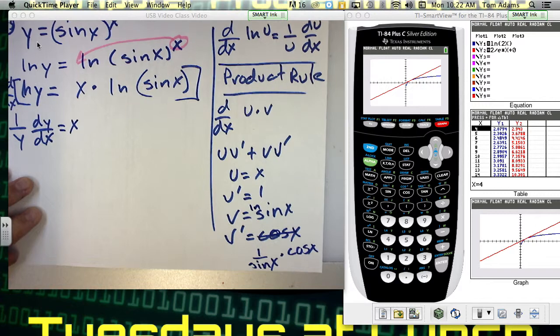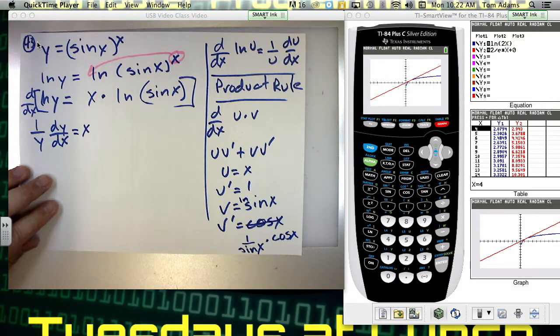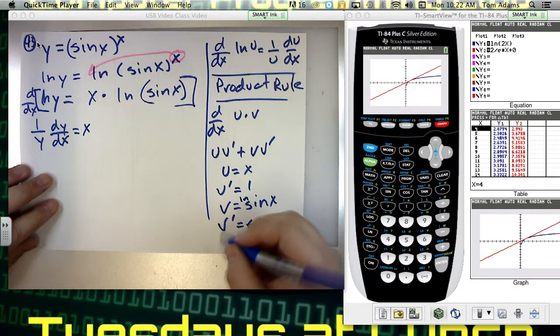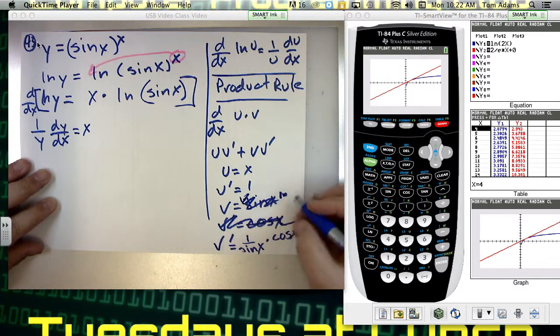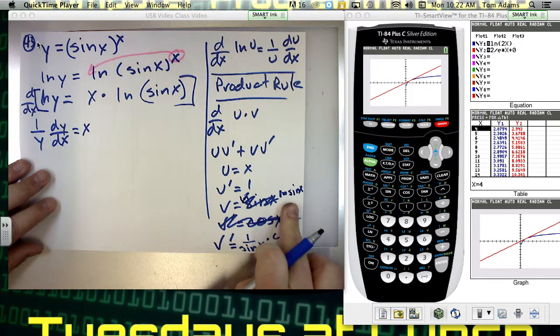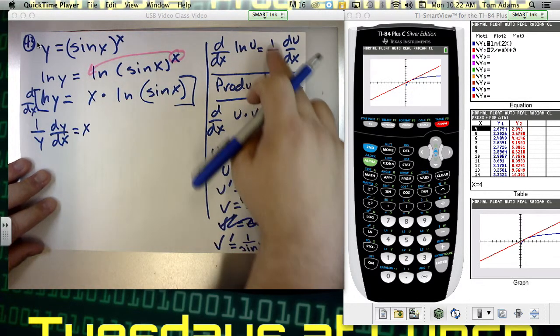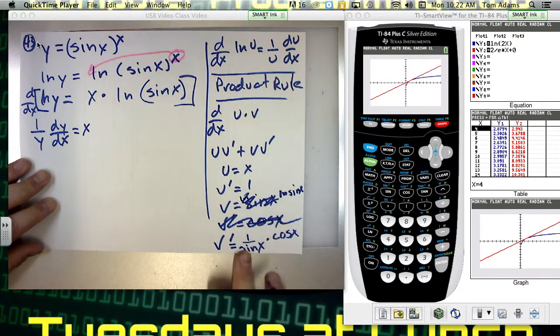Mr. Adams got a little fancy and got a little fast there. So this is v prime here. It's all this stuff. Let me rewrite this. We have the natural log of sine of x. And so when I take the derivative of the natural log of sine of x, I get 1 over sine of x times the derivative of sine of x.